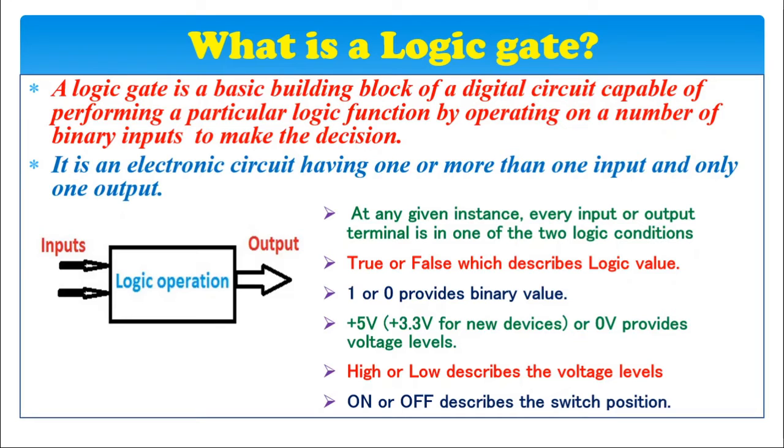A logic gate is a digital circuit having one or more inputs but only one output. Most logic gates have two inputs and one output. The output appears only for certain combinations of input logic levels.